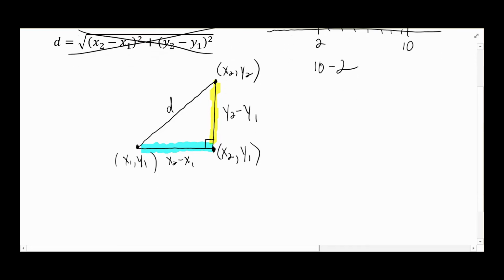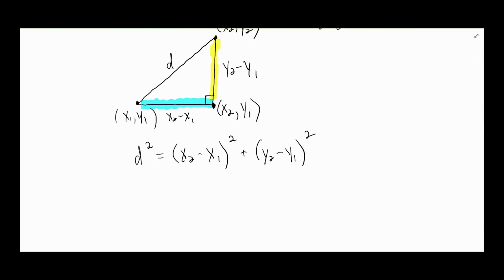And so if I want to find the distance, I can use the Pythagorean theorem. I could say my hypotenuse squared is just one of the legs squared plus the other leg squared. And if I want to get the d by itself, I would take the square root.